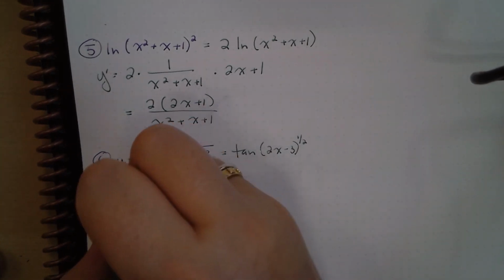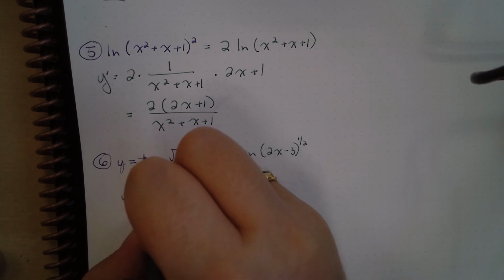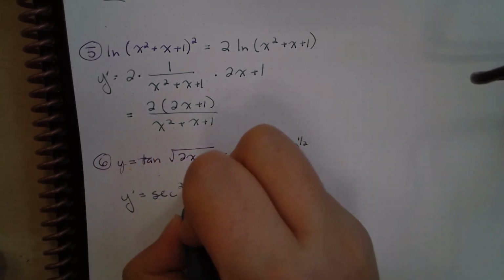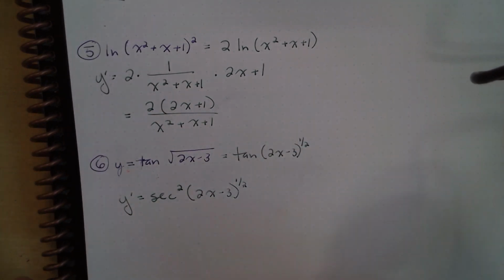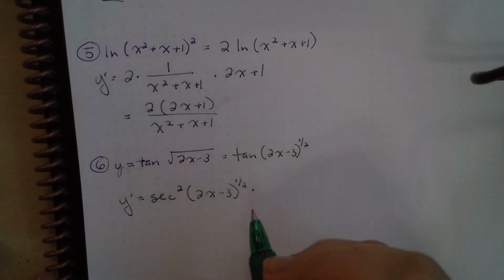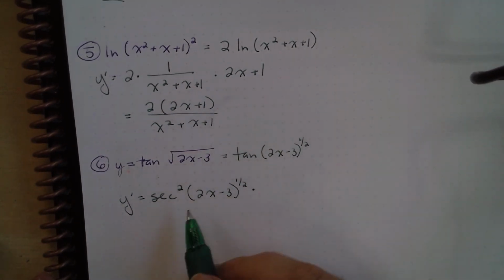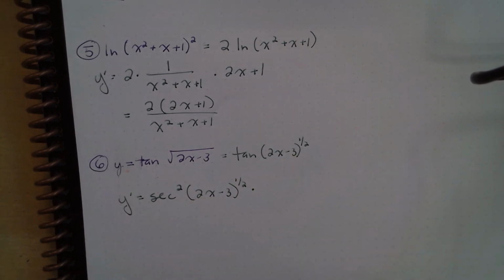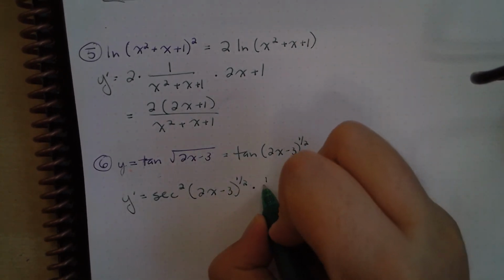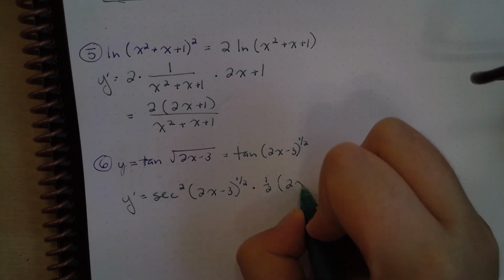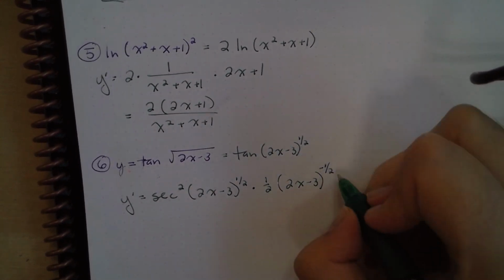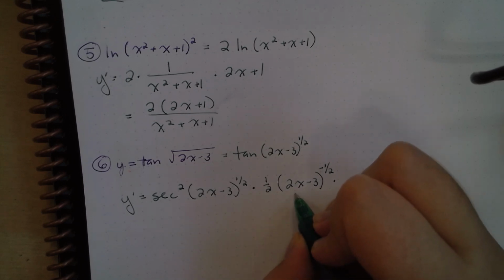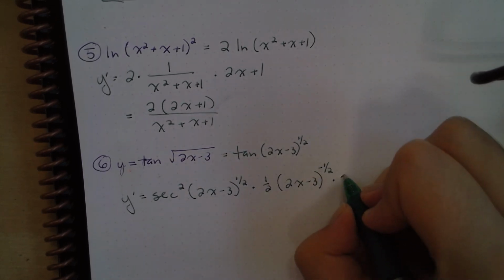Well, the derivative of tangent is secant squared, so we have secant squared of 2x minus 3 to the 1/2 times, we have to take the derivative of this now. We have to take the derivative of the 2x minus 3 to the 1/2. So that's going to be 1/2 times 2x minus 3 to the negative 1/2, we subtracted 1, times the derivative of all the way what's inside there is just 2.